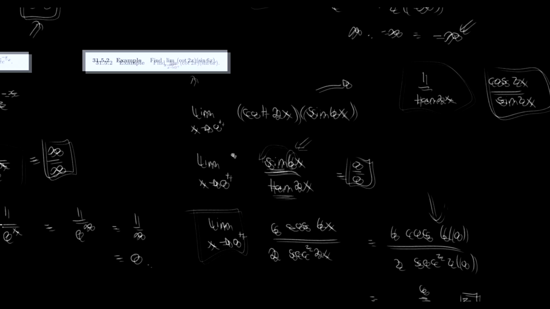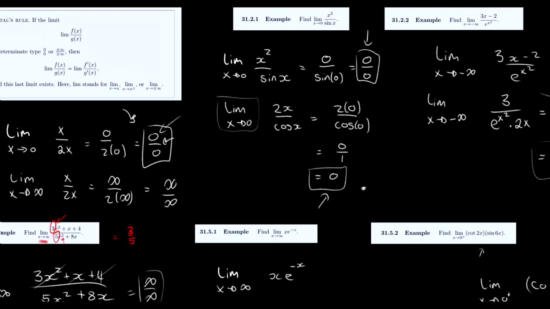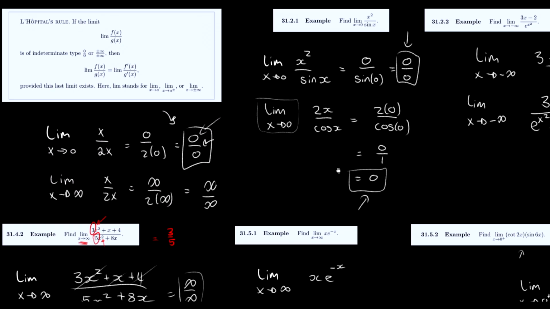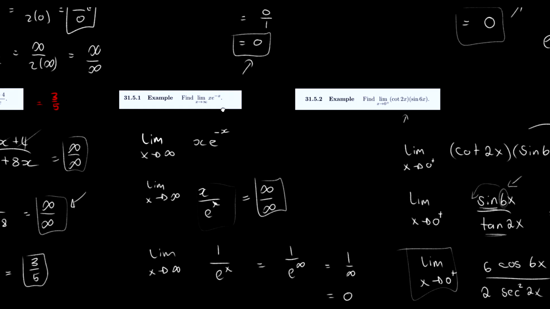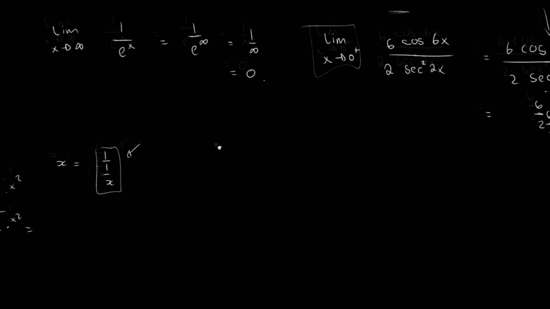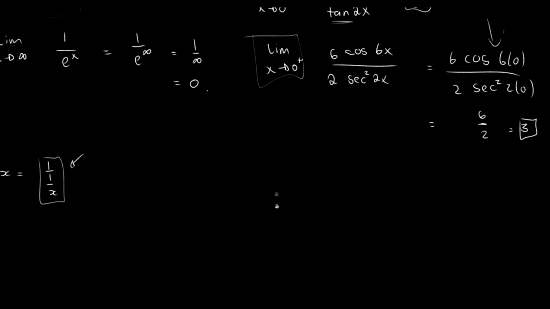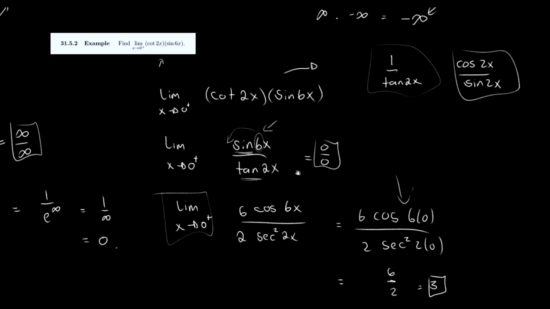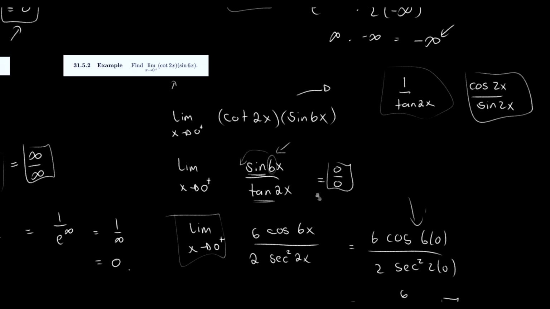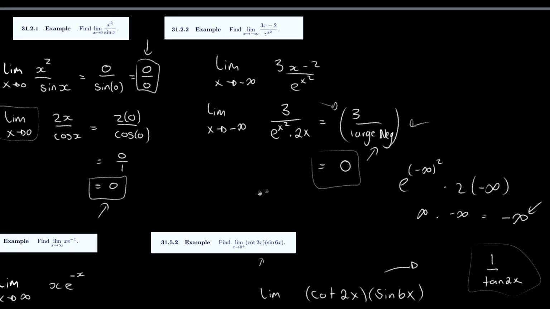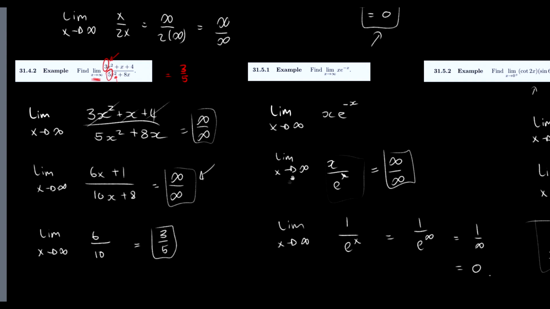Okay, that was L'Hopital's rule. Very, very, very easy stuff. In the IB exam, this is 3 points. I'm not even going to lie to you. The only thing that's a bit tricky about L'Hopital's rule is if you don't know how to differentiate. If you don't know how to differentiate, then as I mentioned in all my other videos in the HL, you are done for.